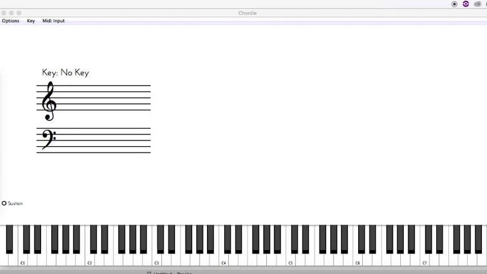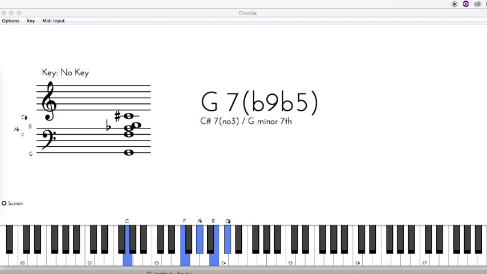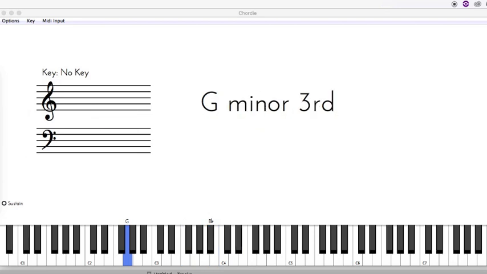Then also up here, so there's 13, and then we might lower that. That's an alteration, or perhaps you could think of it as a raised 5th, or a flat 5th. And you can combine that with the altered 9s, all those types of things.